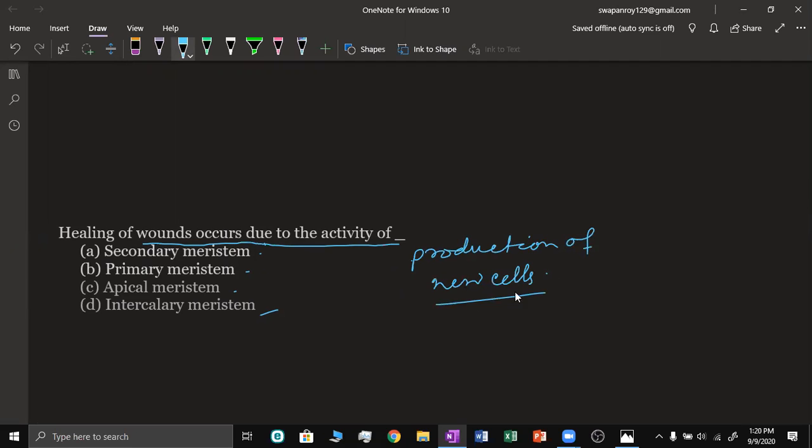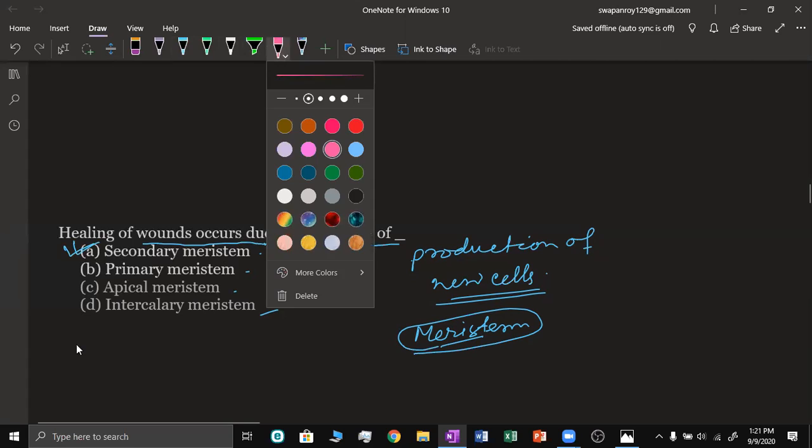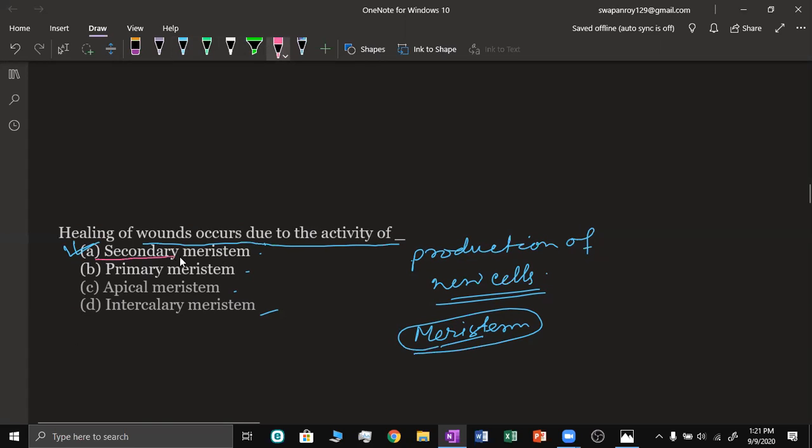That is addition of new cells, and this addition of new cells is always with the meristem, because meristems are the tissue which divide continuously and produce new cells. But which meristem? Here actually it is the secondary meristem, not the primary meristem.